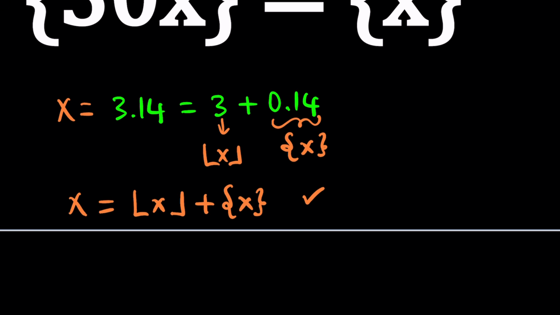First of all, you want to isolate the fractional part. You can write it as x minus the floor value of x. In other words, you can define the fractional part as the difference between the number x and its floor value, or the greatest integer function.